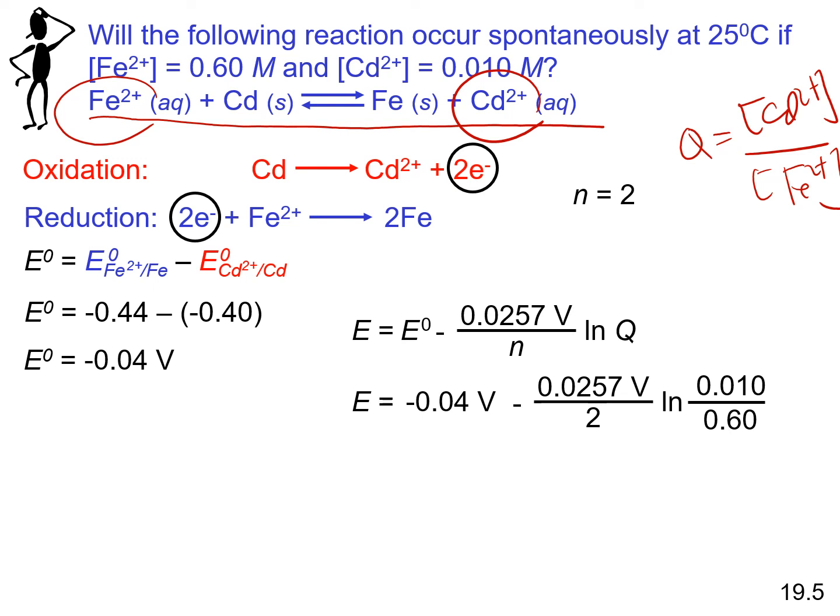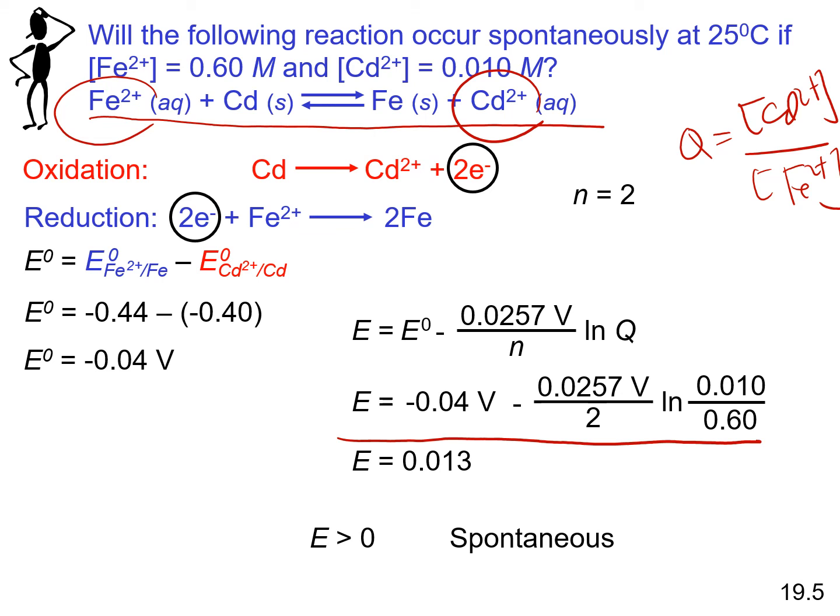So we use the Nernst equation to get the cell potential, which gives us a value of positive 0.013. What's the meaning of this? Will the reaction proceed spontaneously? Remember, if E is greater than 0, then it is spontaneous, meaning the reaction will proceed as written. If E is less than 0, then it is non-spontaneous.